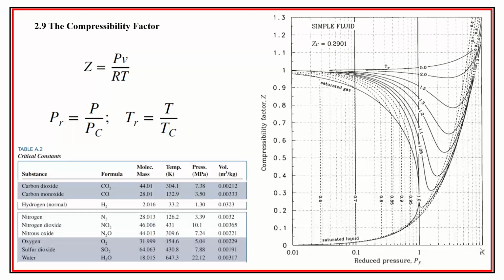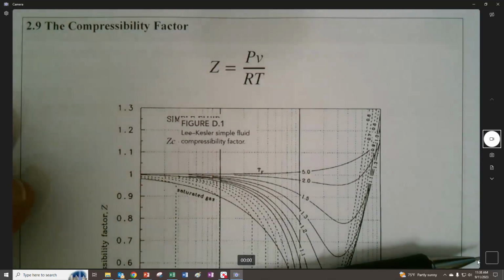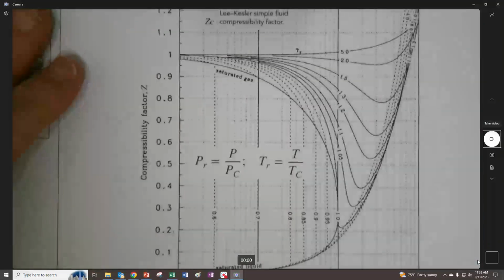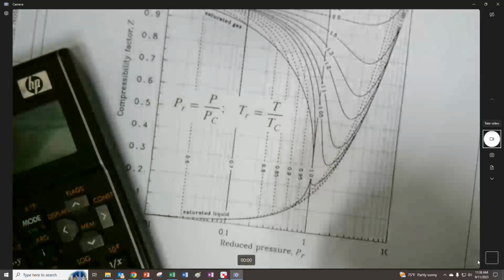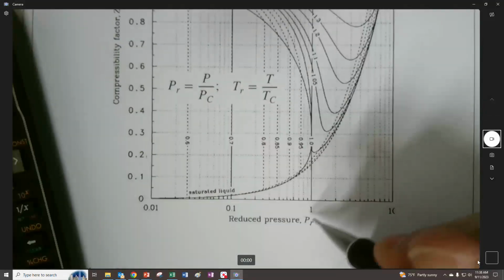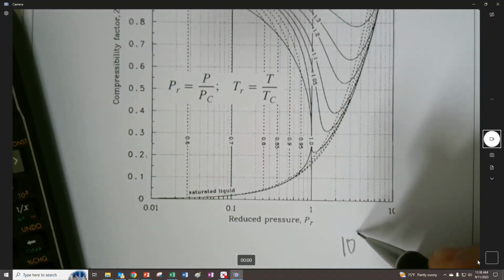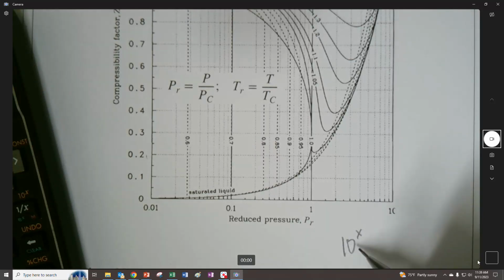7, 8, 9, 10. And for an interesting thing to take a look at, remember for this scale right here, what we're looking at is 10 raised to the x, right? So this x is what we're looking at right here.